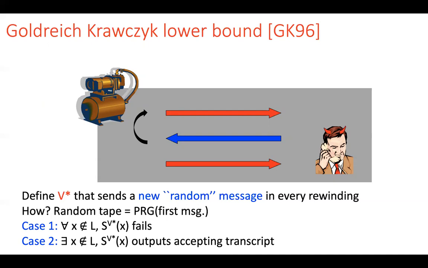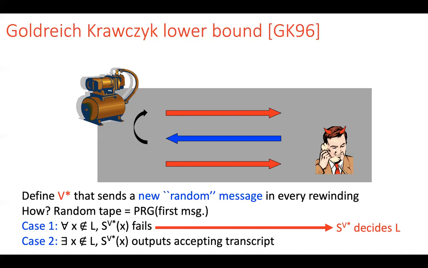Now in case 1, if it holds, then it means that the simulator on this verifier fails on every false statement. But on the other hand, you can show that the simulator on this verifier on a true statement will always output an accepting transcript.